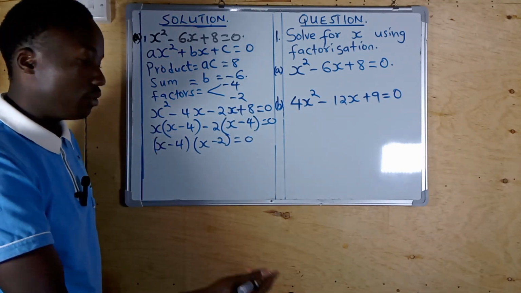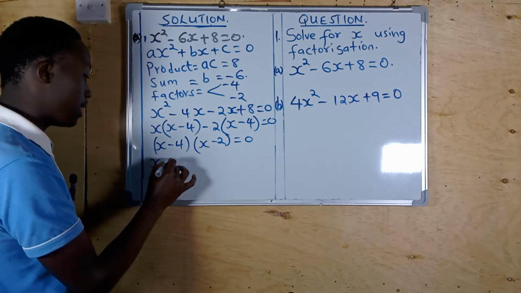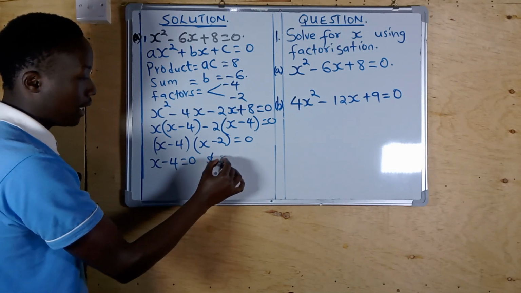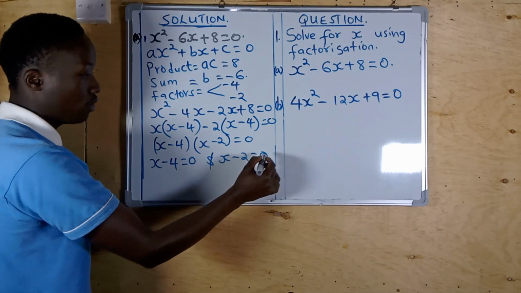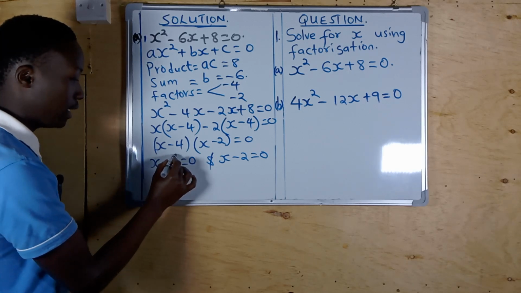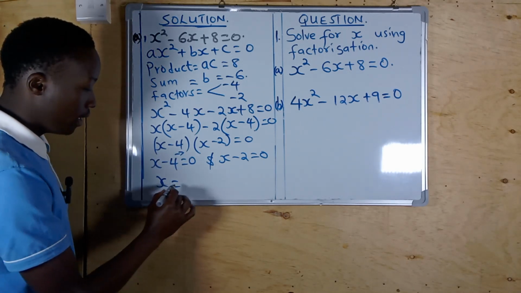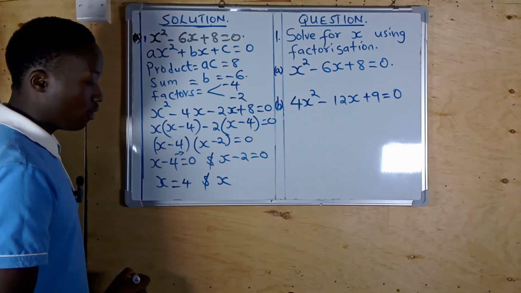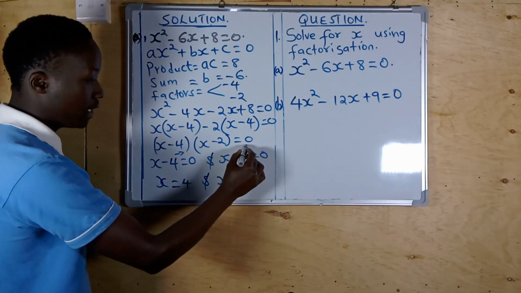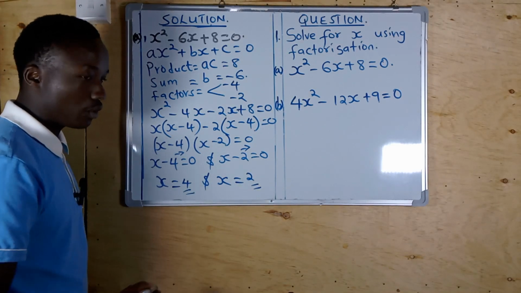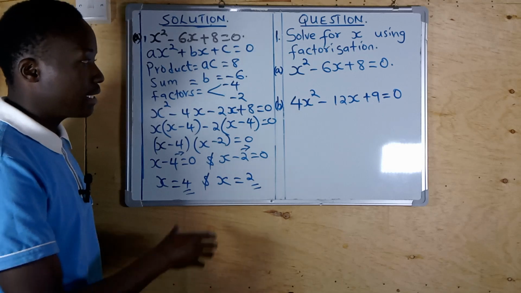So we will have x minus 4 is equal to 0, and x minus 2 is equal to 0. So we have x is equal to, take negative 4 to the other side, it will become 4. And the second value of x will be equal to, take negative 2 to the other side, it will be equal to 2. So those are the solutions of x in our first equation.